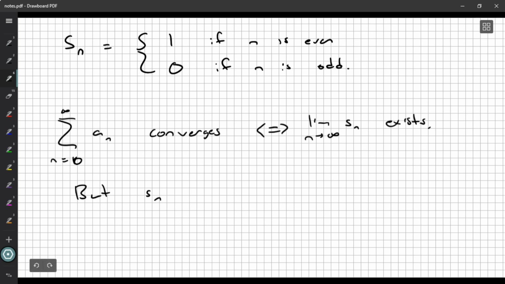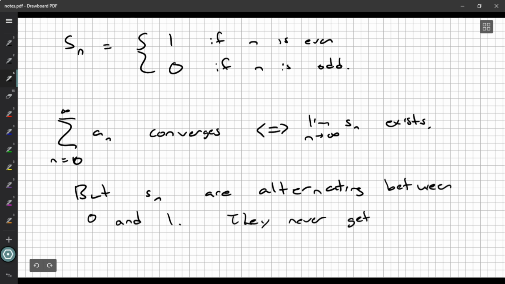Well, we see the S_n's are alternating between 0 and 1.